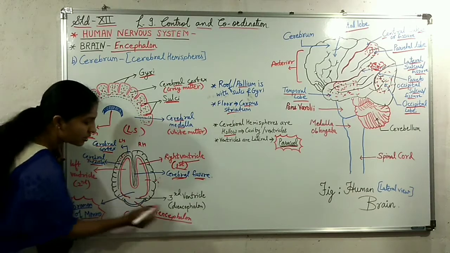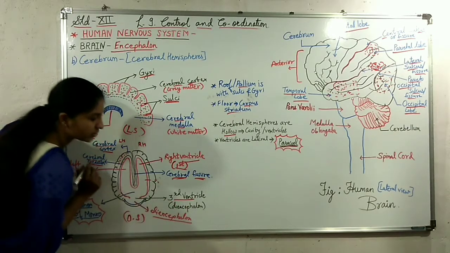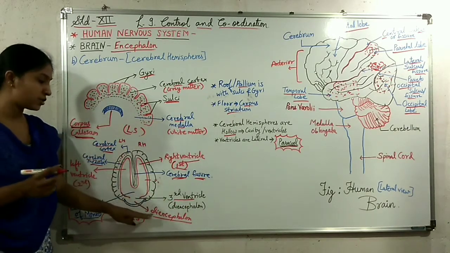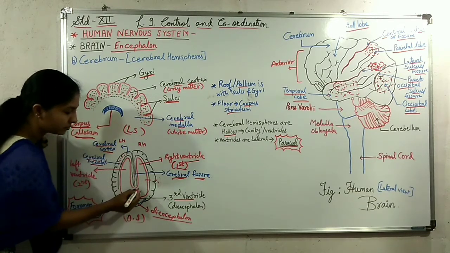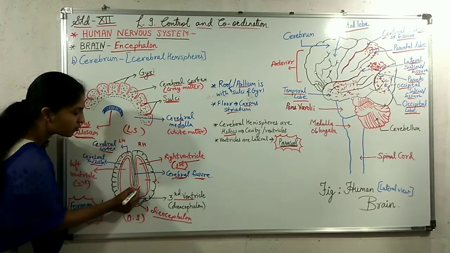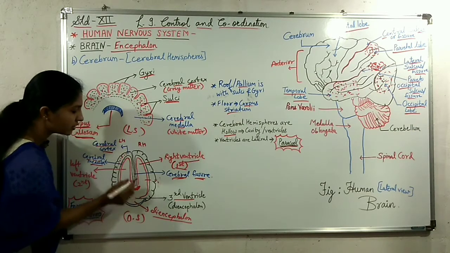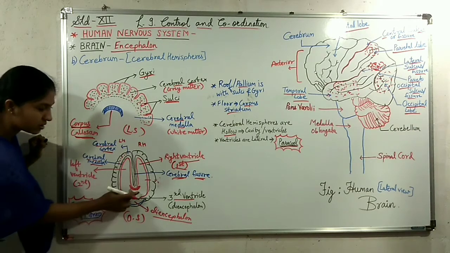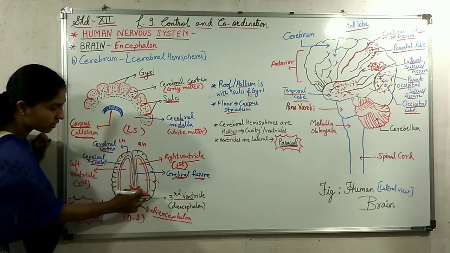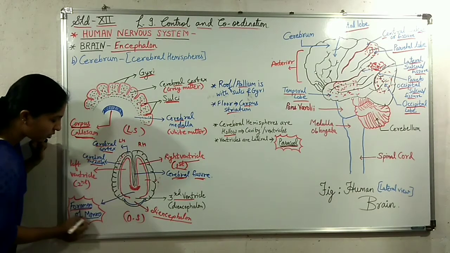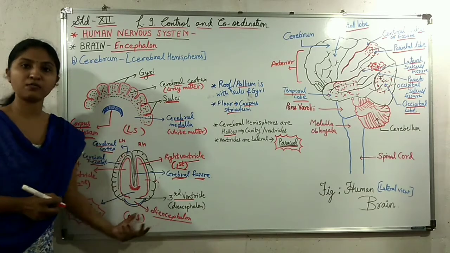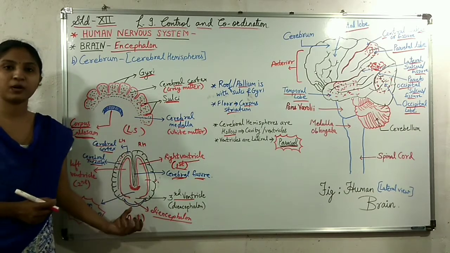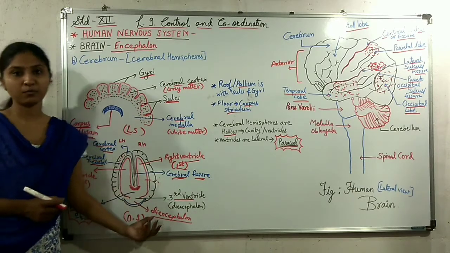So, this part is called the third ventricle and this third ventricle is situated in diencephalon. And the cavity where these two ventricles connect with each other, this opening or this structure, is called the foramen of Monro. So, this is how the dorsal view or dorsal section of the cerebrum looks.